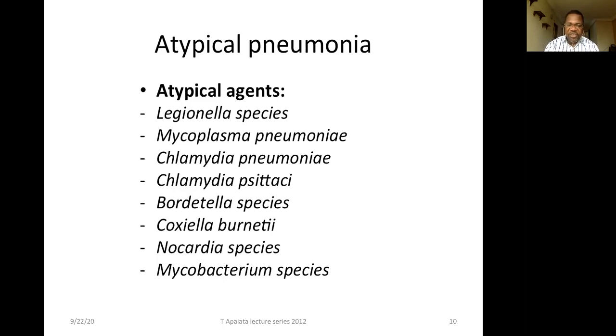So the definition of atypical: it's atypical because of the diagnosis, when you rely only on the gram-stain, those were not clear cut-off microorganisms according to the gram-stain result. And it's also atypical because of the discrepancy between clinical and radiological findings.